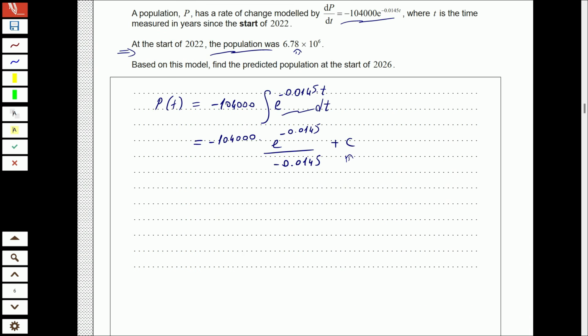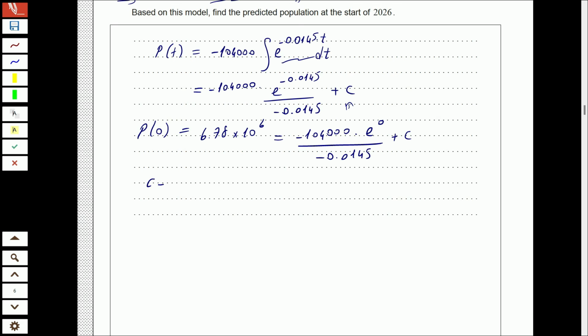So when I substitute t with 0, which means at the beginning of 2022, the population will be 6.78 times 10 to the power of 6, right? So this is minus 104,000 times e to the power of 0 over minus 0.0145.